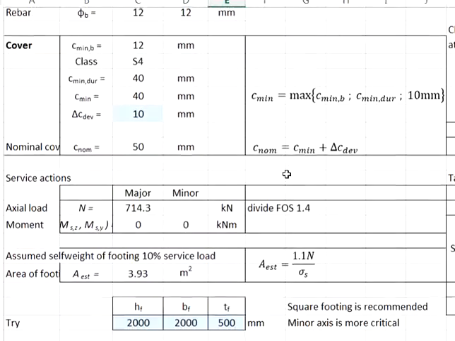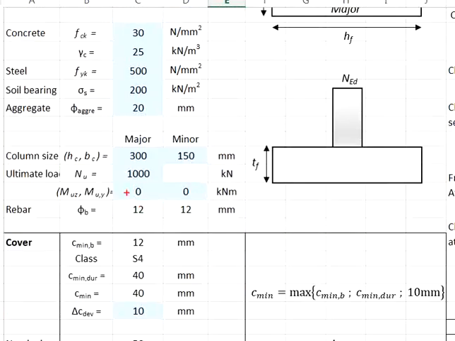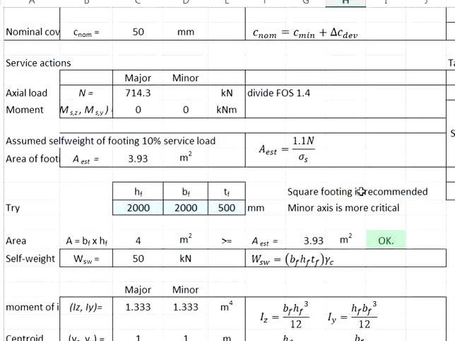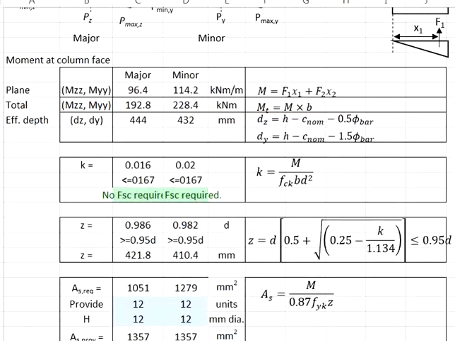As demonstrated in our first example, when there is no moment acting onto the pad footing, you will observe that the main reason is due to the effective depth. In the minor axis, the secondary reinforcement bar will have to give way to the main reinforcement, leading to the main reinforcement closer to the soffit, while the secondary reinforcement lays on top of the main reinforcement.